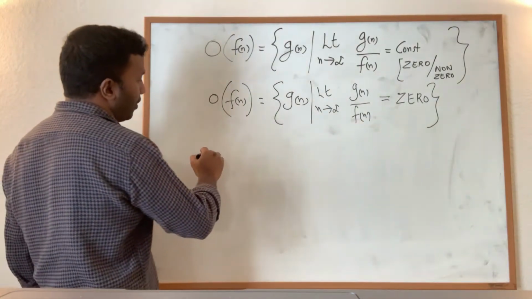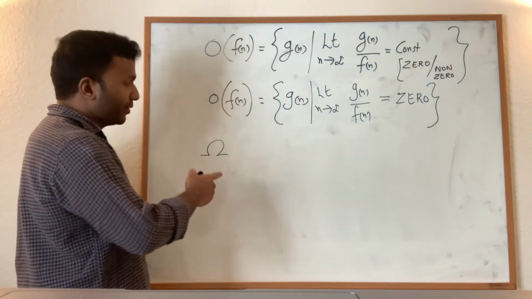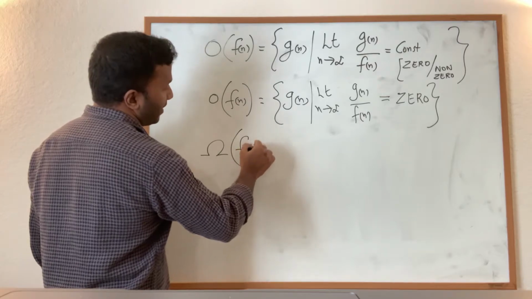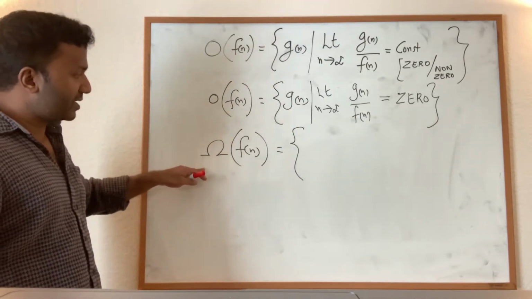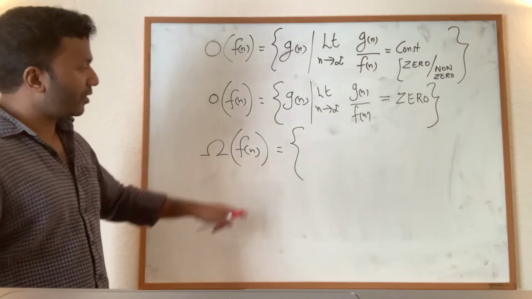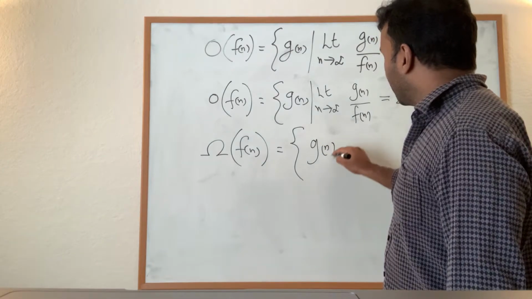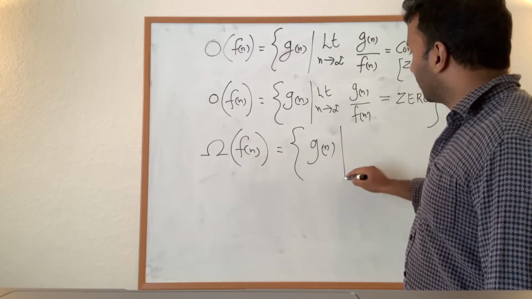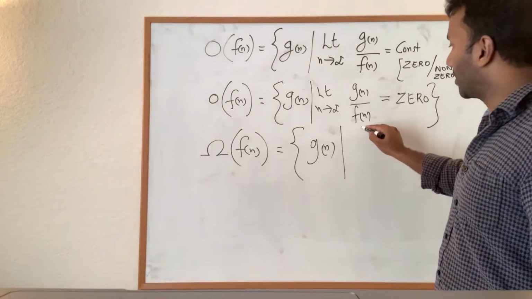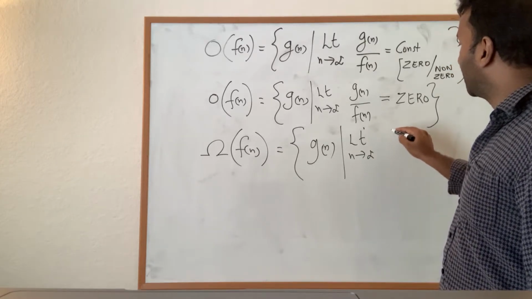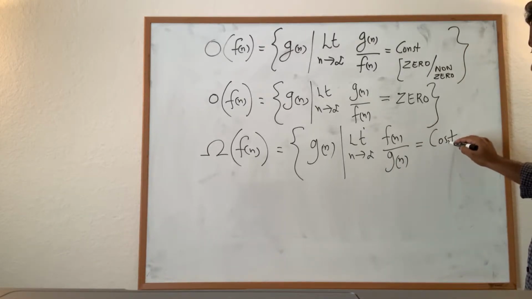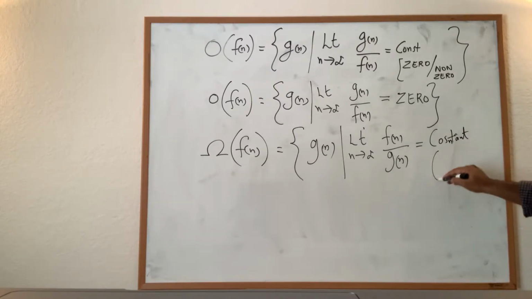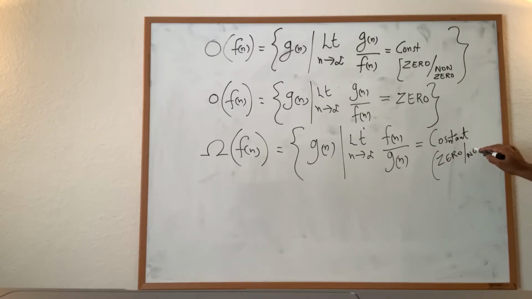The next thing is big omega. I'll show examples for each of these. Big omega of f of n is actually the inverse of big O. Big omega of f of n is the set of all functions g of n such that, since it is the inverse, I'm going to write it the opposite way: limit n tends to infinity of f of n divided by g of n is equal to a constant, which can be 0 or non-zero.